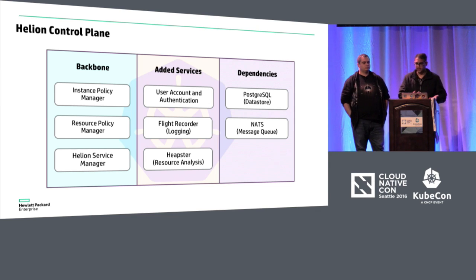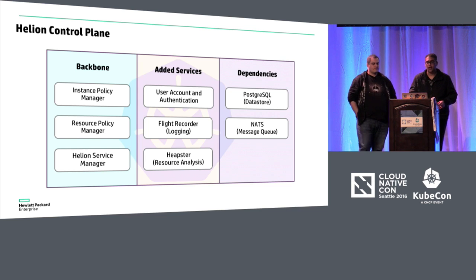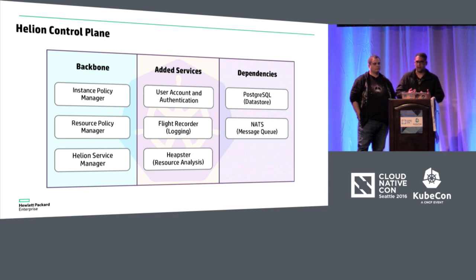We have added services, which are services that the control plane brings up and uses, but are also available to other applications that get installed in this same platform. And in addition to that, we have dependencies, which are required for some of the functionality of the control plane to work. So talking about just the backbone or the brains of the control plane, we've got 3 different microservices.